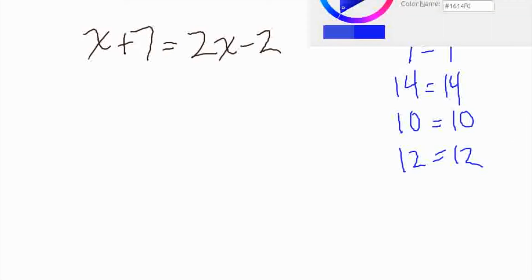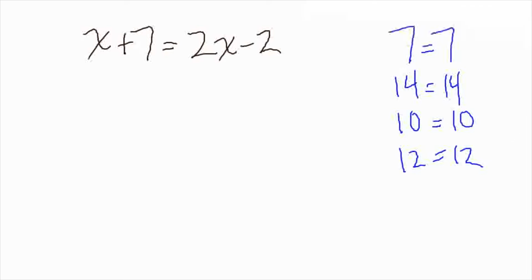Now, what I'm going to do with my expressions is use that powerful idea. Let me add 2 to both sides. And if I do, you can see that the right side got a little cleaner, didn't it?